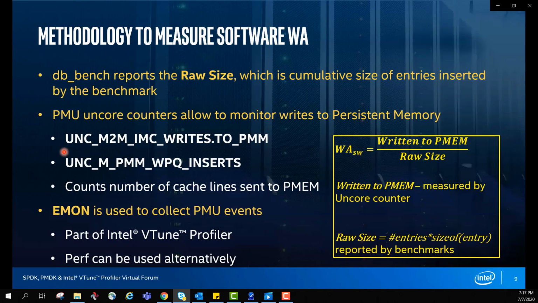In our final list of resources that you can go back to, we have a link to our user guide for NDCTL, at docs.pmem.io, where you can look at different options to figure that out. We have a really good user guide available there.